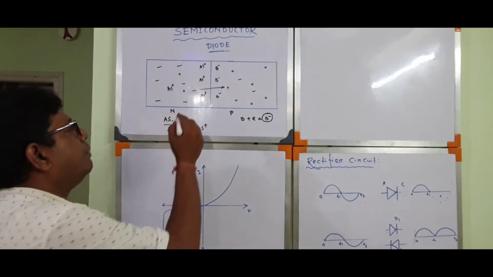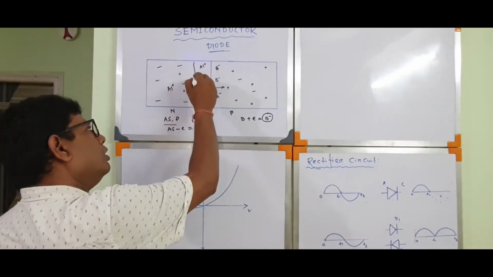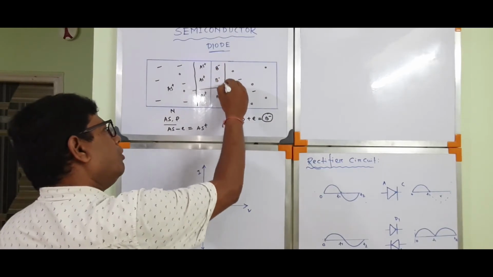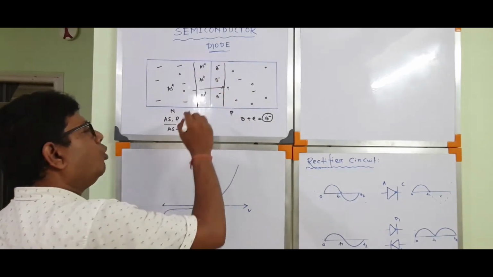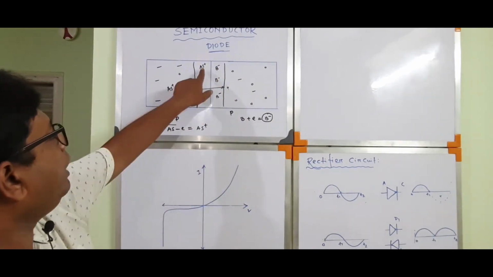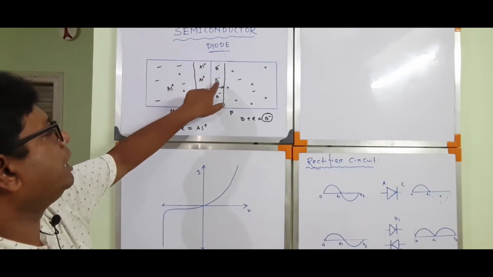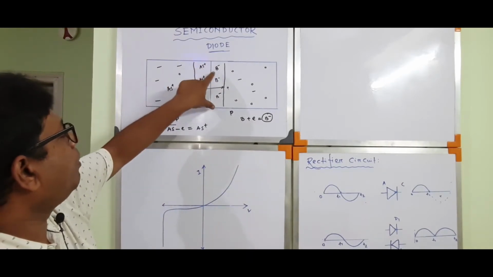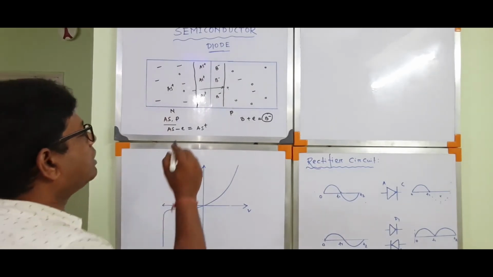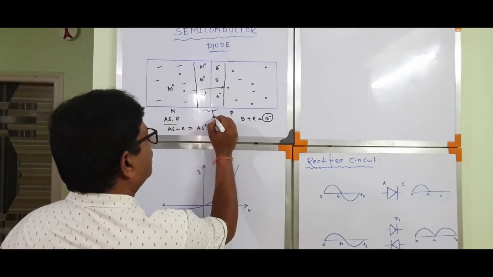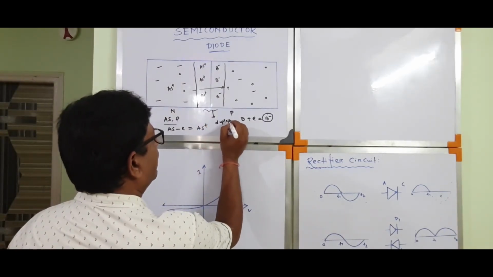So after some time a layer is formed where there is no mobile charge carrier, and only the immobile charges are present. This immobile charge layer is called the depletion layer.